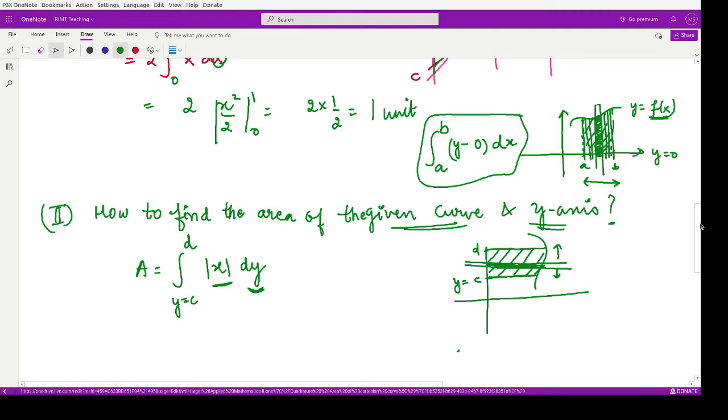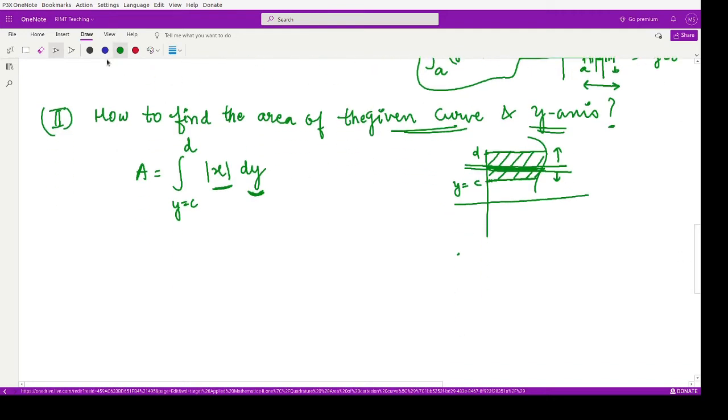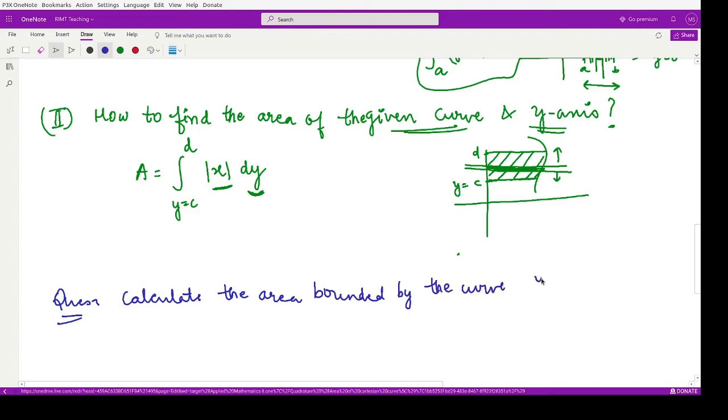So let us see one example for this. So the question is, calculate the area bounded by the curve y square minus 4y plus 2x is equal to 0 and y-axis.